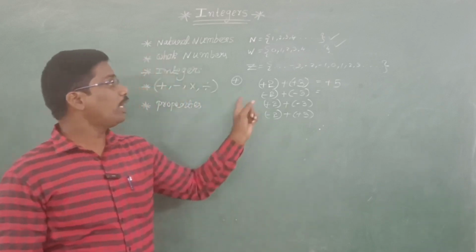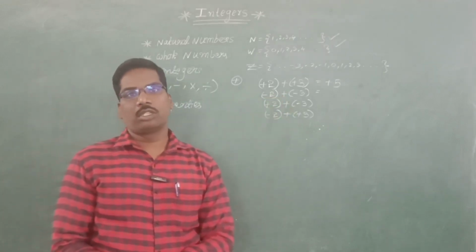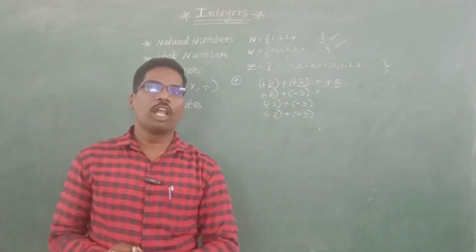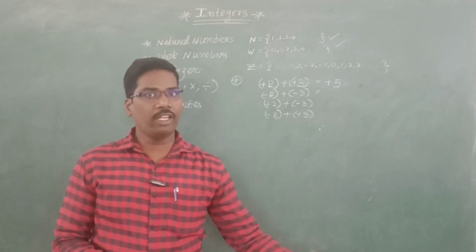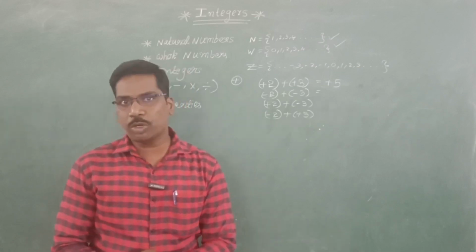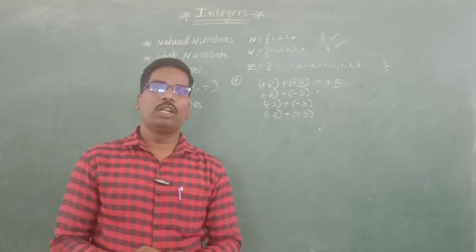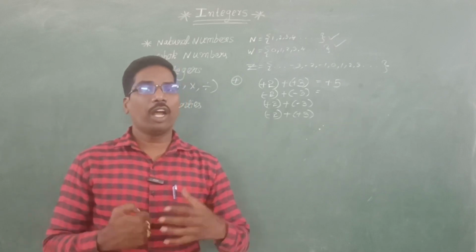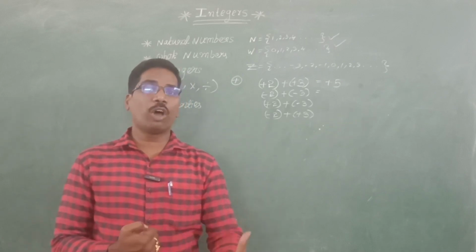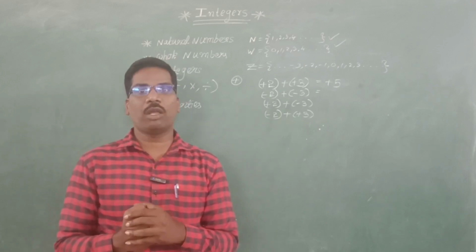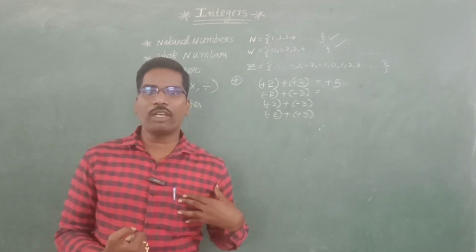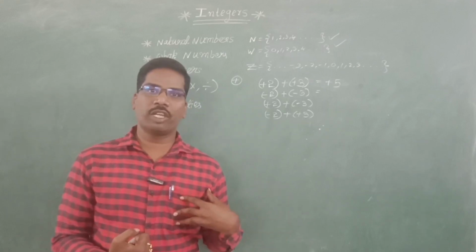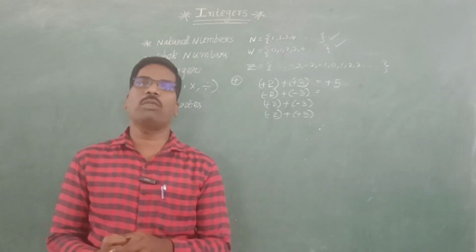Next, how to add two negative numbers? Let me give you an example. I am borrowing 2 rupees from my friend A and 3 rupees from friend B. Now I have borrowed how much? 5 rupees. It means I don't have 5 rupees, but I am borrowing. That is not mine. If it were mine, it would be plus 5, but that is not mine, so I have to keep minus.